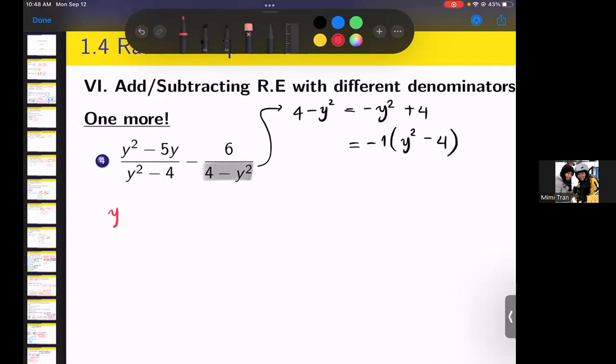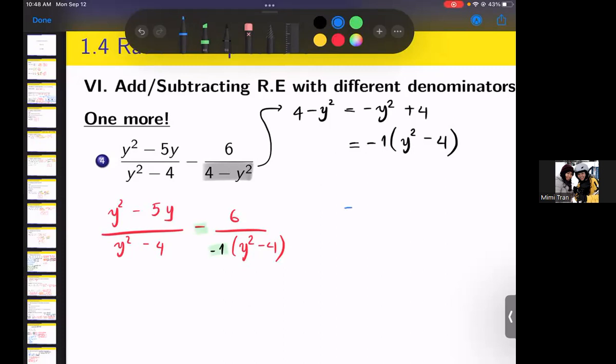We'll plug it back, rewrite the first one, minus 6 over negative 1 times y squared minus 4. Can I combine these two negatives to become positive? Yes, right? Don't write this down.